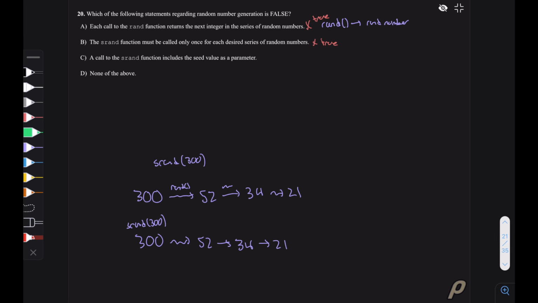Usually you should just call it in your main function after you get your seed value, and then you can use that for random generation for the rest of the problem. And then C, a call to the srand function includes the seed value as a parameter. I have an example of srand right here, and the only value that gets passed in is the seed value. You need to include that. So this is true. So that means our answer, very excitingly, is none of the above, or D for 20.